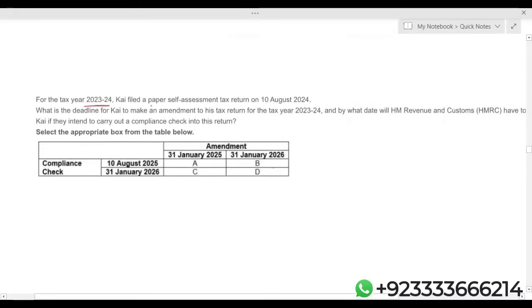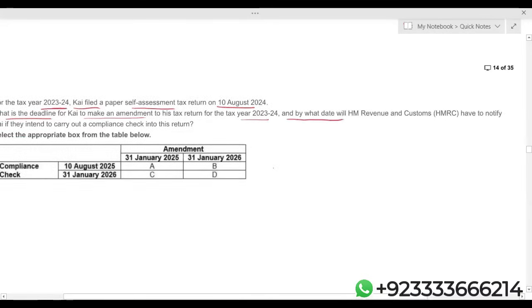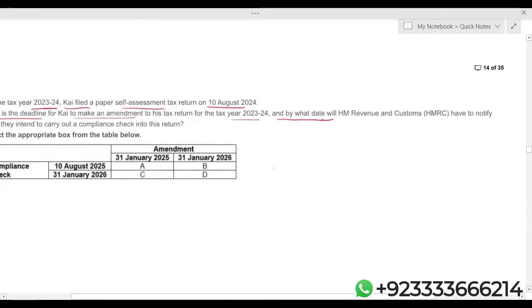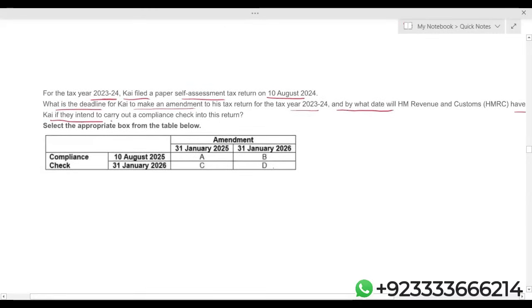For the tax year 23-24, Kia filed a paper self-assessment tax return on 10th August 2024. What is the deadline for Kia to make an amendment to his tax return for the tax year 23-24? Actually, you can amend the return within 12 months from the filing date. And by what date will HMRC have to notify Kia if they intended to carry out compliance check into his tax return?